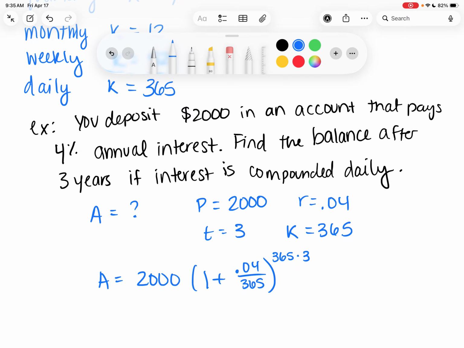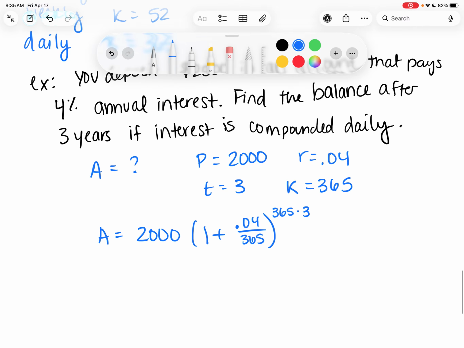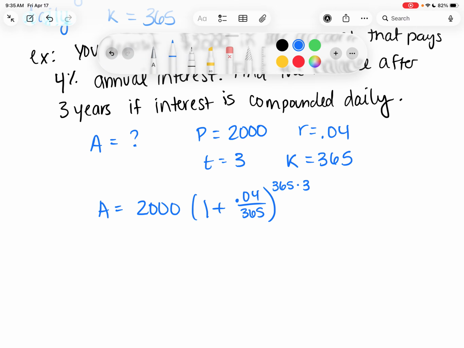I would recommend you do this all in one step on your calculator. If you type it in exactly as it is, you can do 2,000 and then parentheses 1 plus.